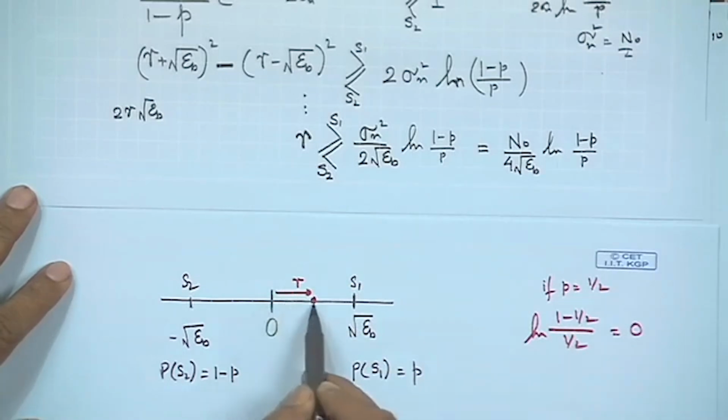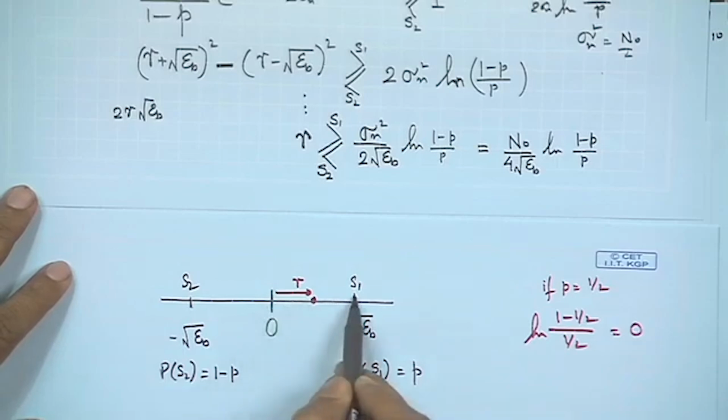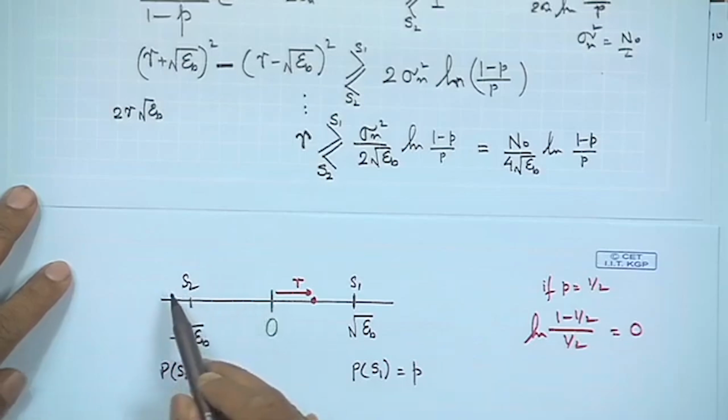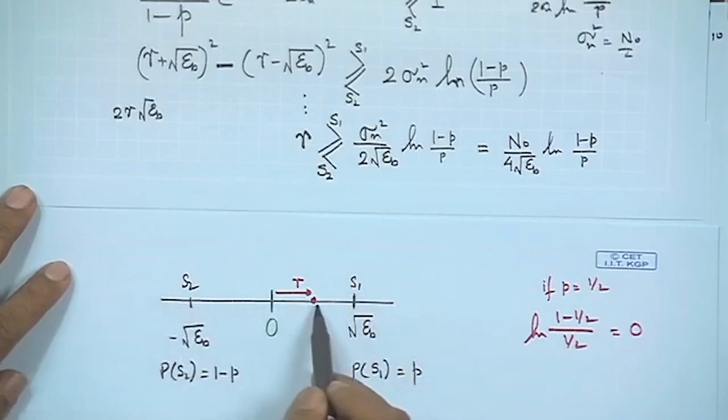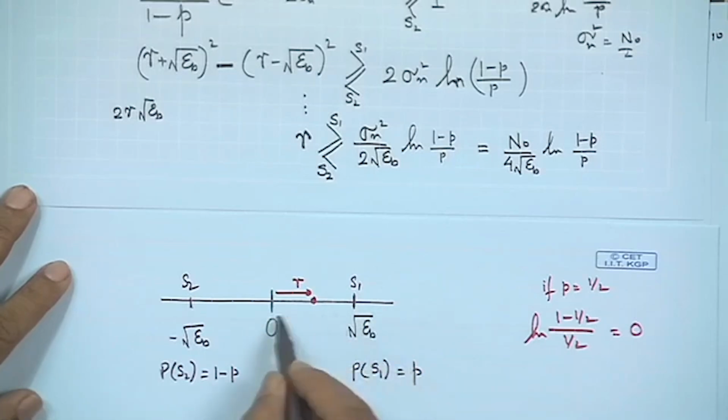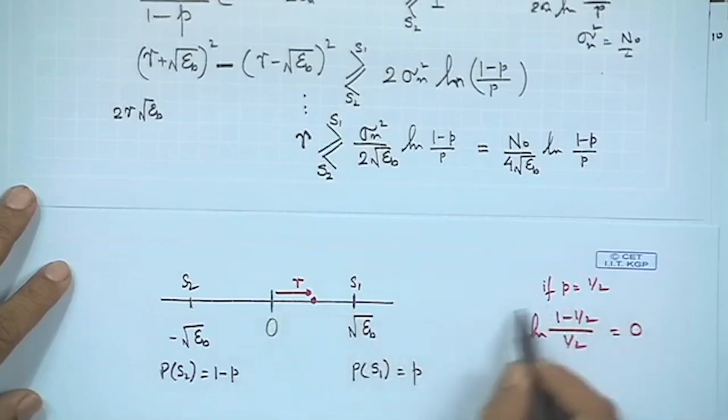If r is greater than 0, you would choose S1, and if r is less than 0, you would choose S2. So, this also conforms to the nearest distance or the minimum distance criterion. We could say that this is the decision region for this particular case.